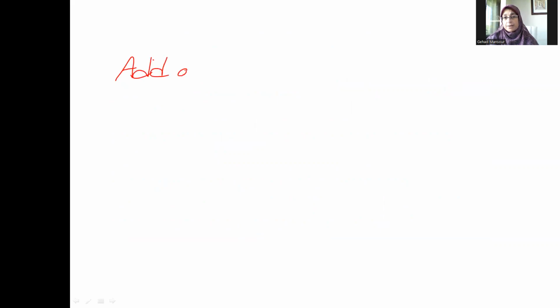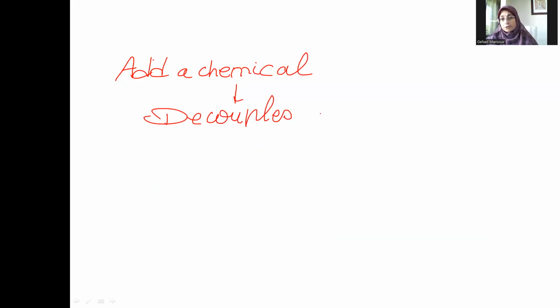This is a famous question, whether in the MCQ or in the free response question. Sometimes you add a chemical that decouples oxidation and phosphorylation, meaning that, for example, you might add a chemical that blocks ATP synthase, and therefore oxidation proceeds, but phosphorylation does not.